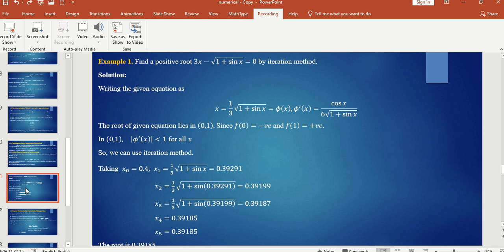Now modulus of phi dash of x is modulus of 1 by 6 into cos x divided by root of 1 plus sin x, which is less than 1 for all x when the root lies between 0 and 1. So we find f of 0 and f of 1 and see their signs. The value of f of 0 is negative and f of 1 is positive. So we can choose the open interval 0, 1. In that open interval 0, 1, modulus of phi dash of x is less than 1 for all x.